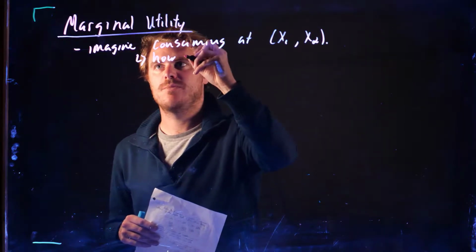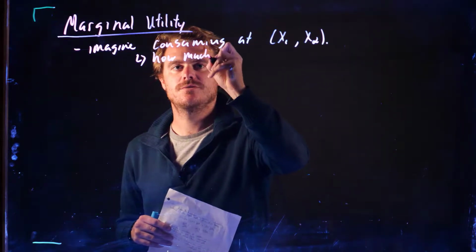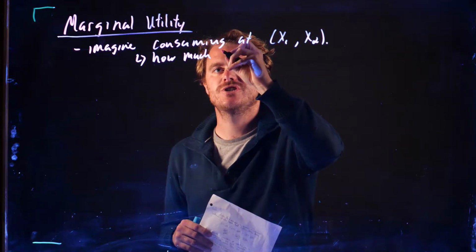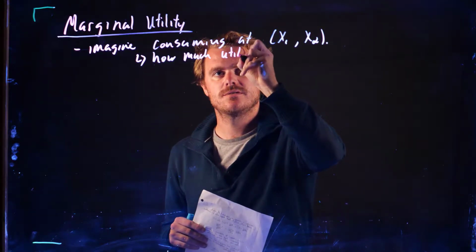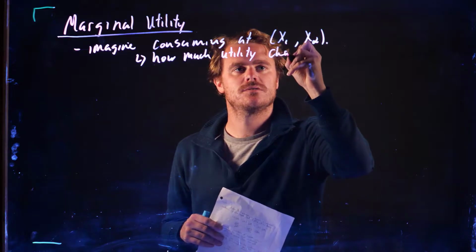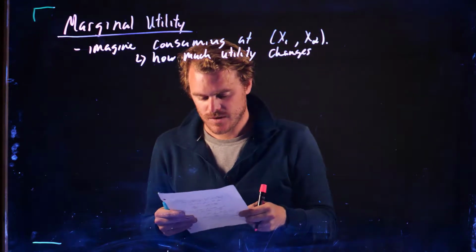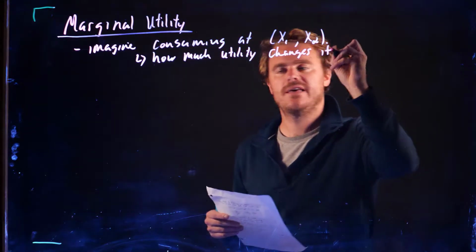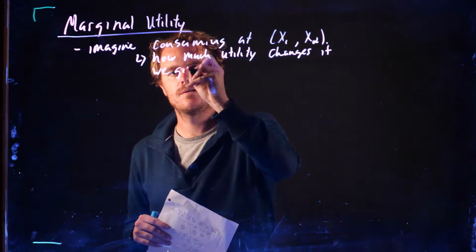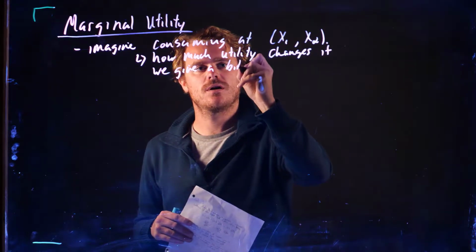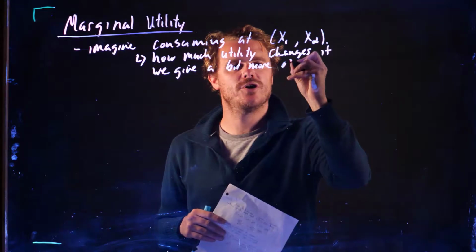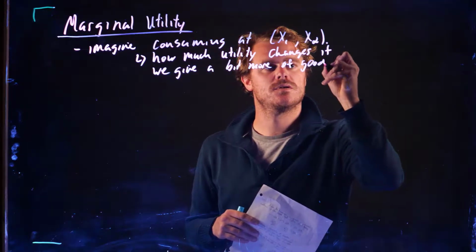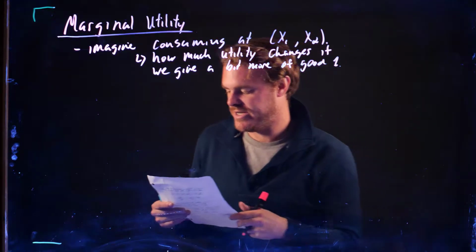The question is how much the marginal utility of good one changes utility if we give a bit more of good one. So that'd be the marginal utility of good one.